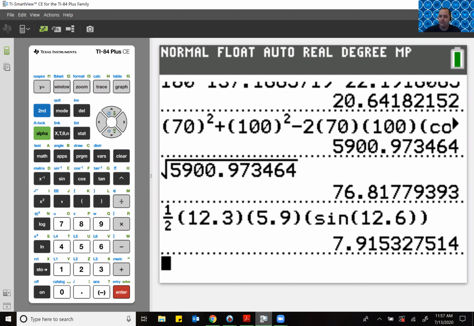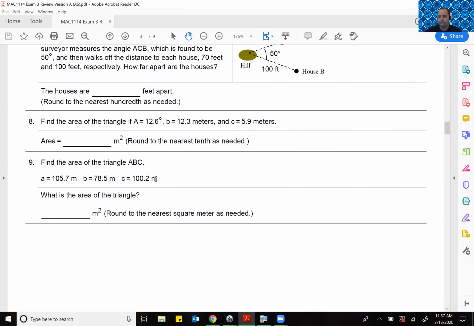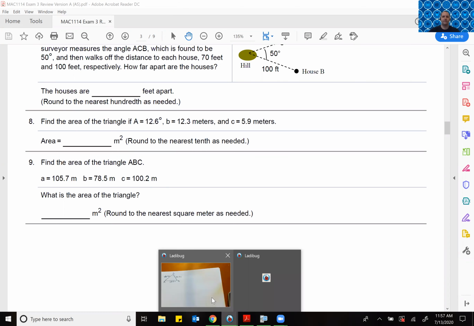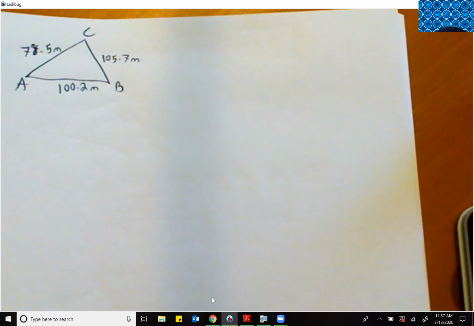Number 9. This one is going to be your Heron formula because it's all sides. So 105.7 meters, 78.5 meters, and 100.2 meters, A, C, B. The first thing you have to do with the Heron formula is figure out what is called the semi-perimeter.